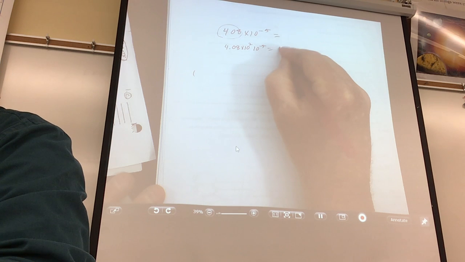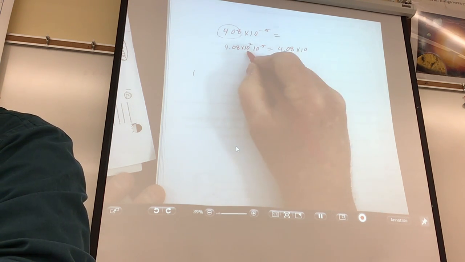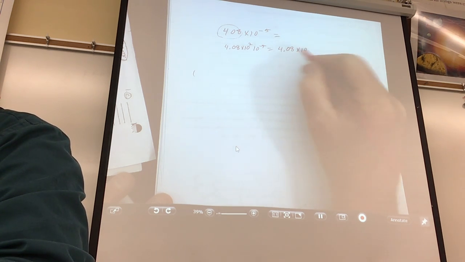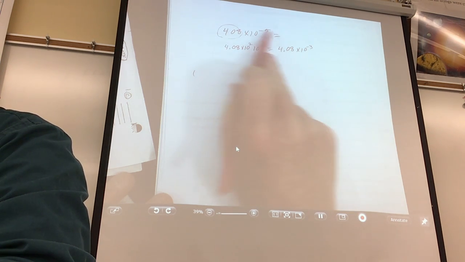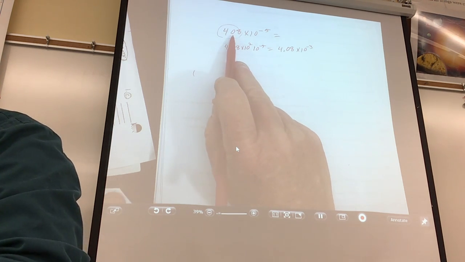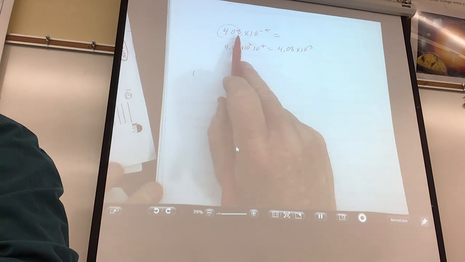And the final answer, 4.08. When you multiply numbers with exponents, you do what to the exponents? Add them. So see that? See, I can't tell if this is a big or small number because this wasn't between 1 and 10. If I have a real scientific number, I can tell you whether it's a decimal number or a big number. You get that? I can't tell in this one.